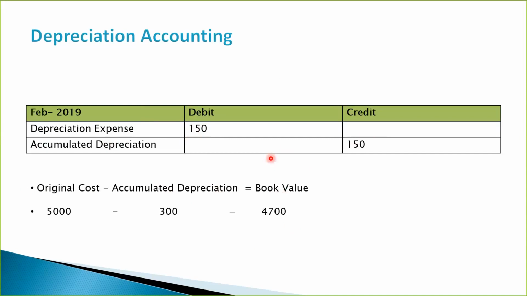So in February, what would you have? You'd have the same entry: debit depreciation expense and credit accumulated depreciation. At this point, if you want to make this calculation, original cost minus accumulated depreciation, your accumulated depreciation by now is 300. So the book value of that asset is 5,000 minus 300, which gives you 4,700.